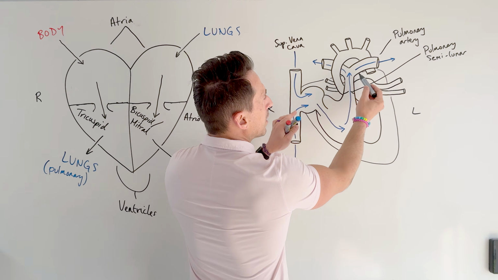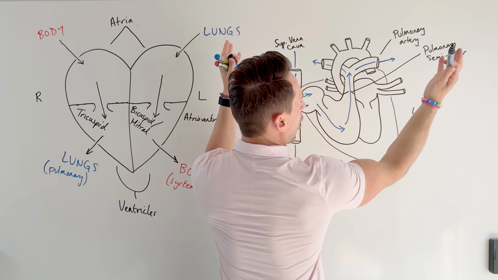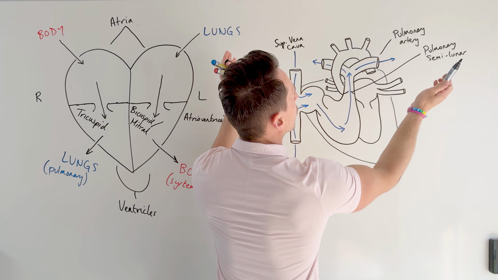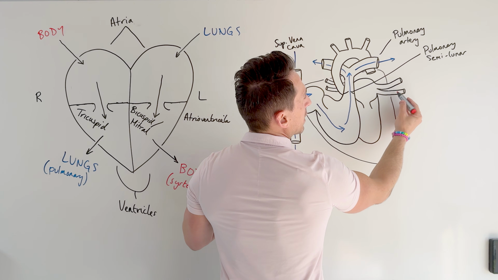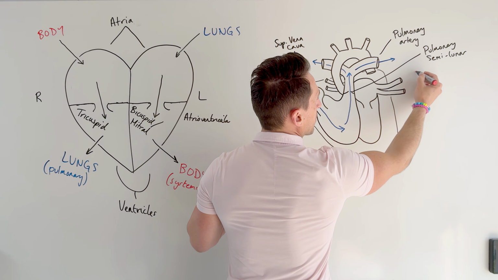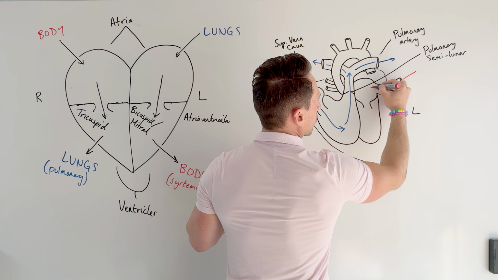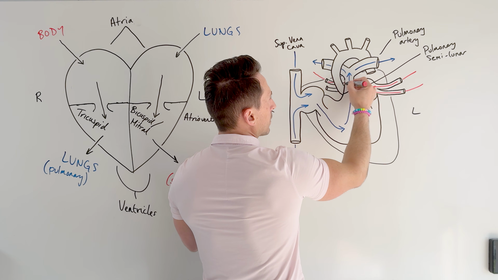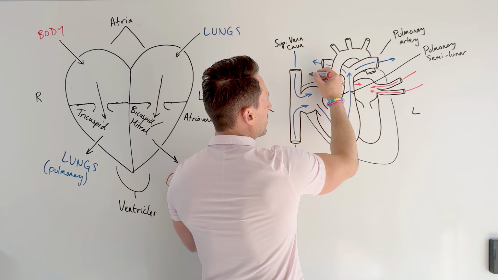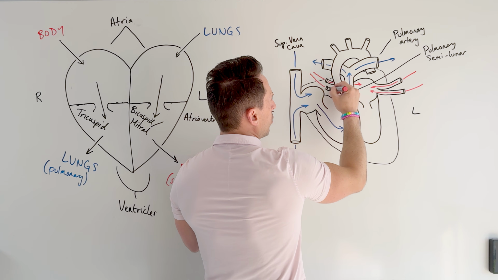So blood goes up, goes to the lungs. The lungs will oxygenate it, brilliant, and need to bring it back. So it's bringing back oxygenated blood, and it will do it through these veins. So it's coming back from the lungs through these 4 sets of veins. Now the question is, what are they going to be called?